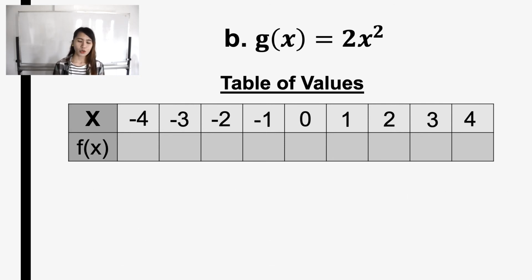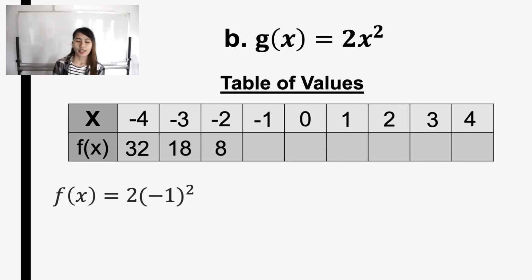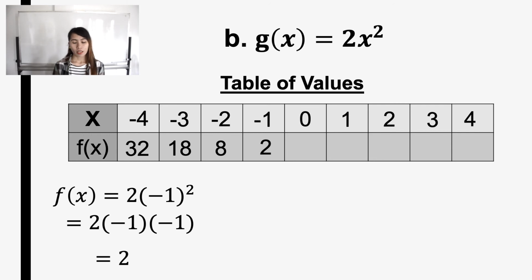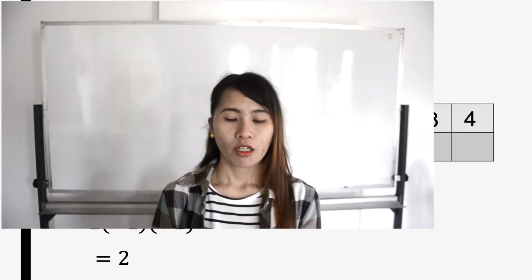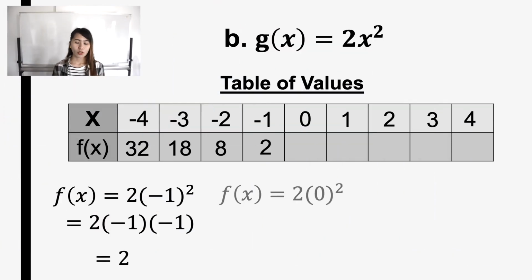For another value, g of negative 1 is equal to 2 times negative 1 squared, or we can also write it as 2 times negative 1 times negative 1. So we have positive 2. Next, g of 0 is equal to 2 times 0 squared, or 2 times 0 times 0, we have 0.